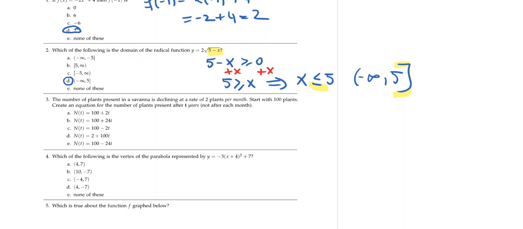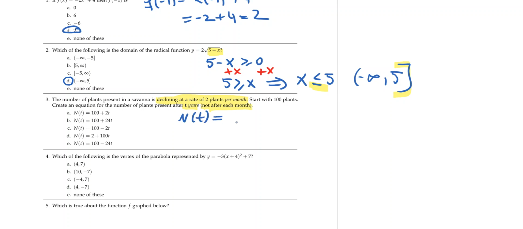Alright, number 3, the number of plants present in a savanna is declining at the rate of 2 plants per month. Start with 100 plants. Create an equation for the number of plants present after t years, not after each month. So we have to pay attention here. We know that this is a linear equation.